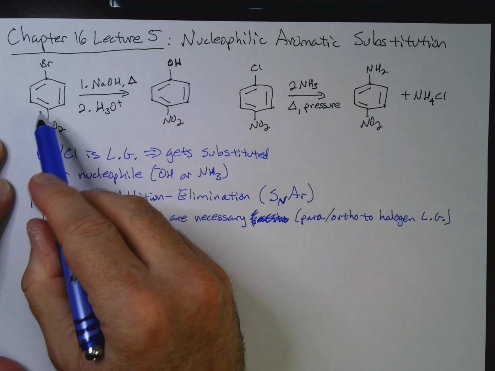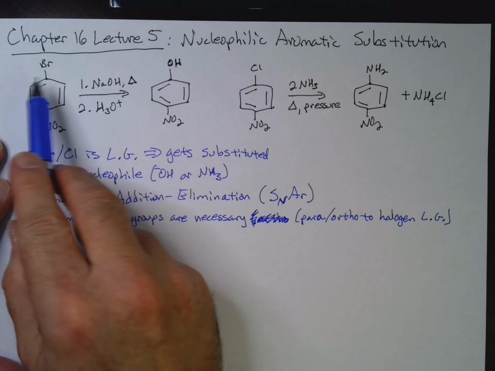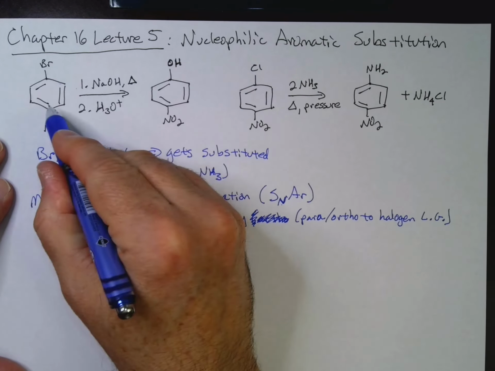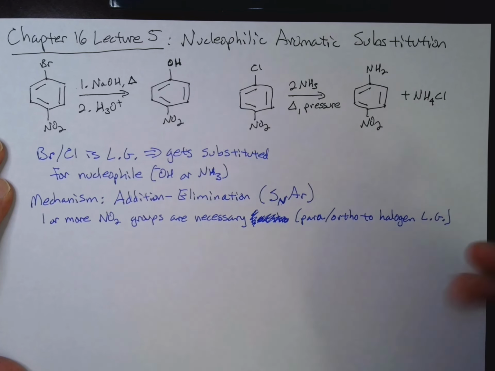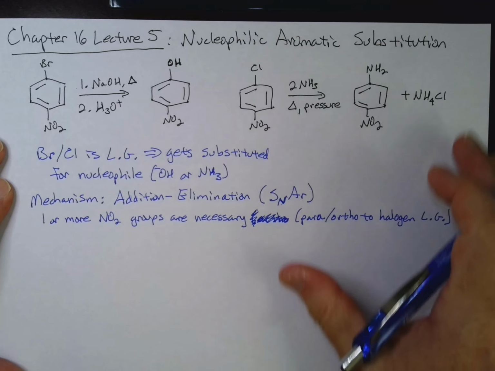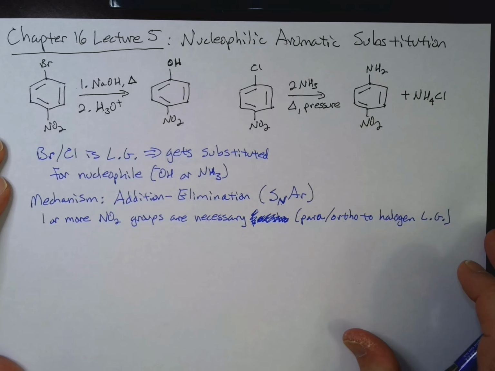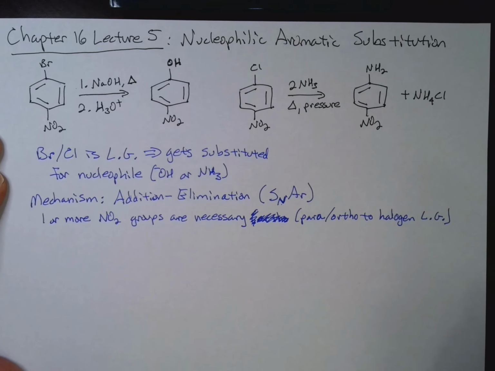Typically para is more common, so that way you don't have any steric hindrance, but you can put multiple nitro groups on here. If you really do want some information about the mechanism, you can take a look in the text, because there is a description.